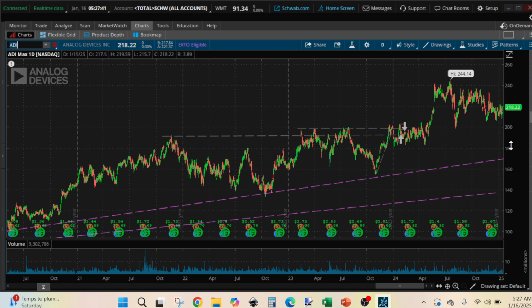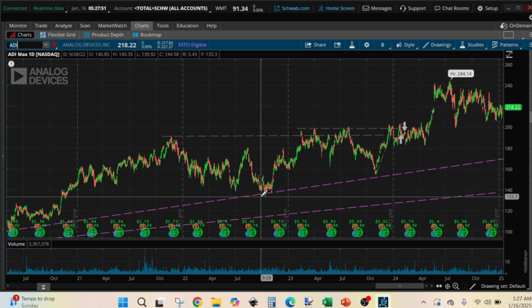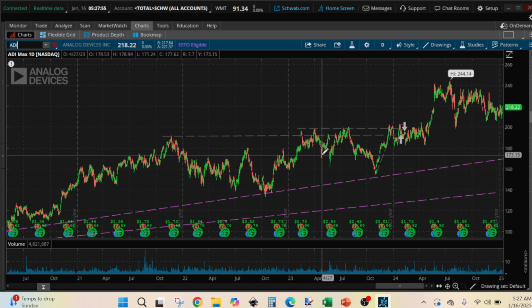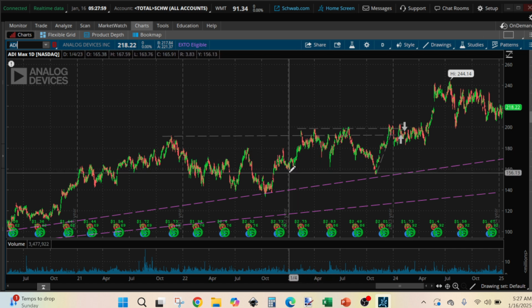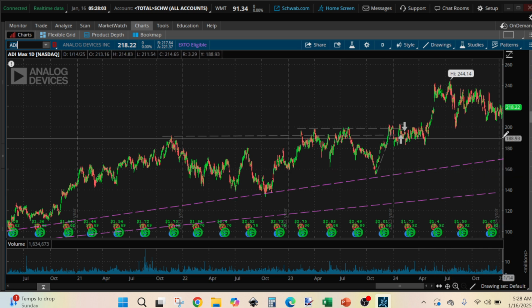When it starts making higher lows, this low is higher than this one, we know that it's done going down.